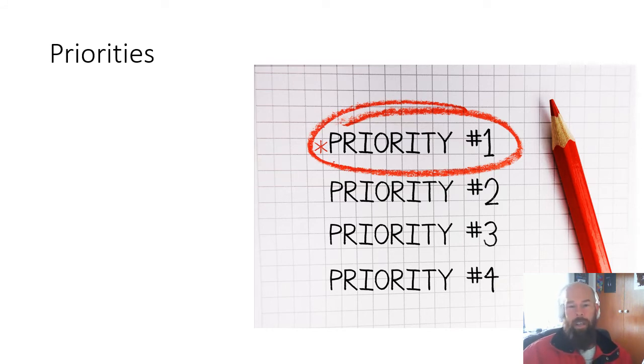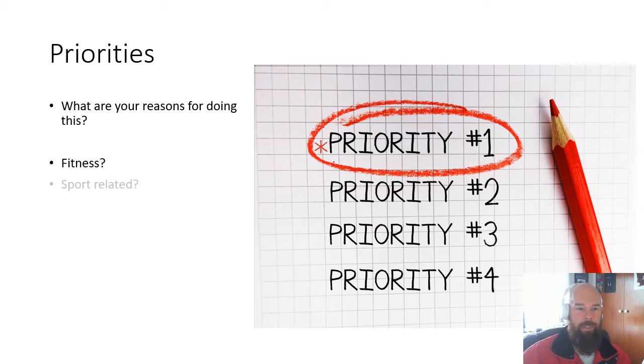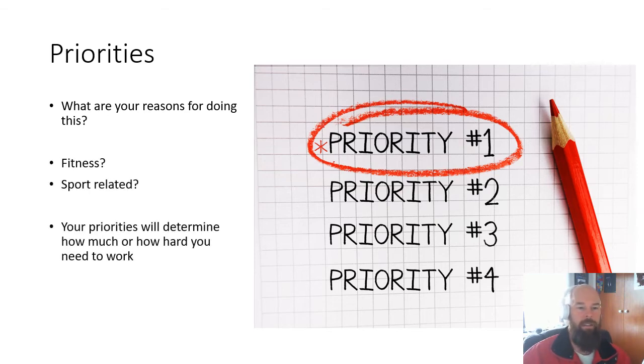What's your priority? Again, why are you doing it? What do you want to get out of it? Is it for fitness? Is it sport related? Your priorities are going to determine how hard and how much work is going to be required. The average time that it takes to see any sort of physical benefits from training is about 6 weeks minimum.